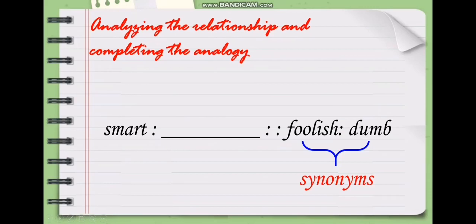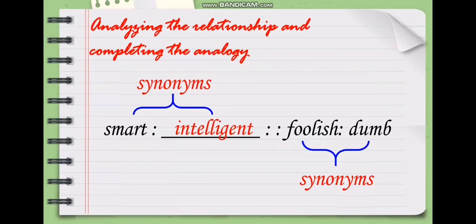We have to think of a word that is a synonym of the word smart, so it could be intelligent or clever. So our answer would be: smart is to intelligent, as foolish is to dumb, or smart is to clever, as foolish is to dumb.